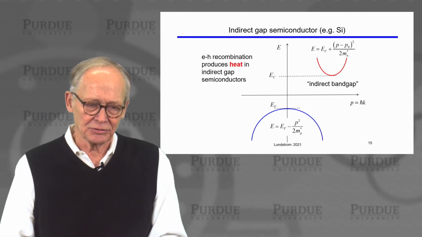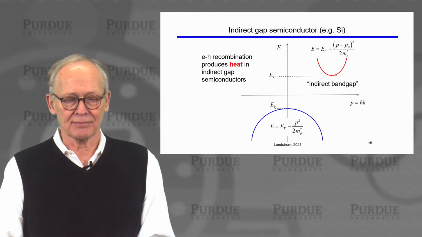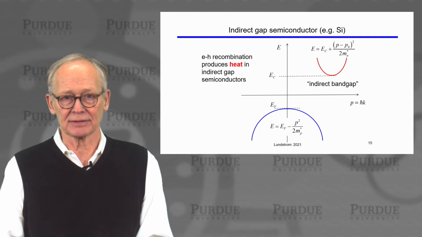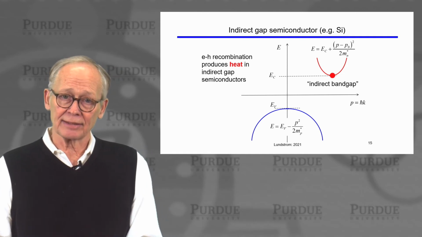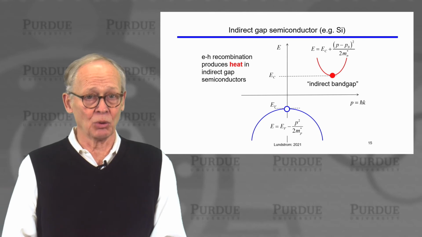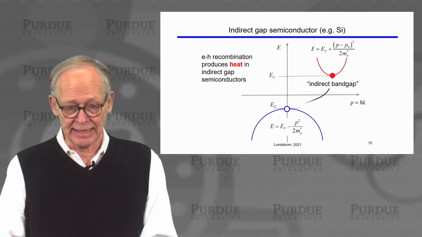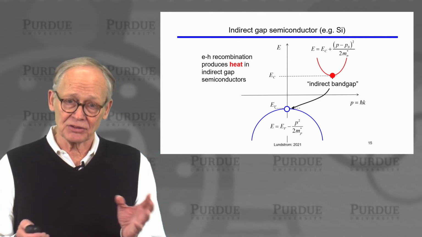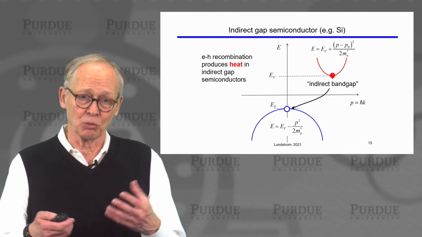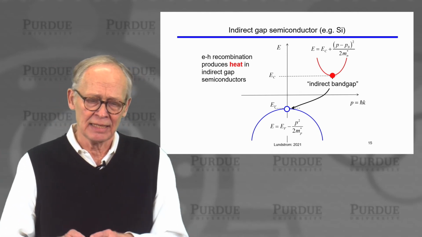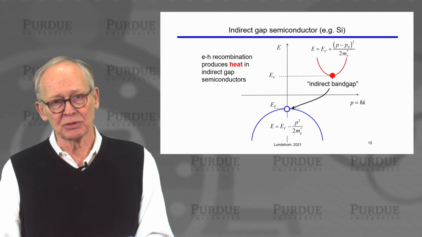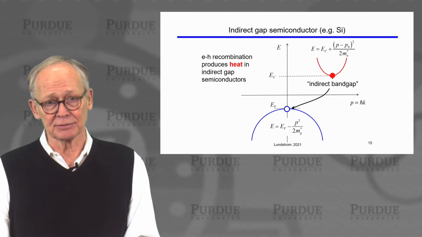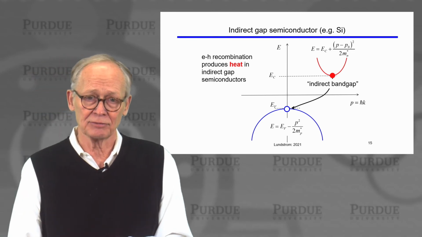Indirect semiconductors produce heat when recombination processes occur. So an electron in the conduction band can recombine with a hole in the valence band. Energy will be given up, not to light this time, but to heat. It'll warm up the silicon. So we don't make efficient light emitters with indirect gap semiconductors. We need direct gap semiconductors for those purposes.